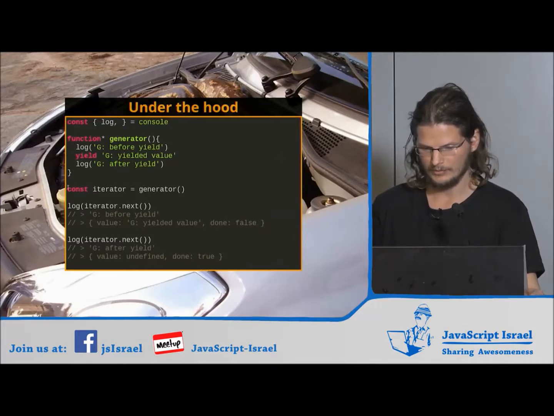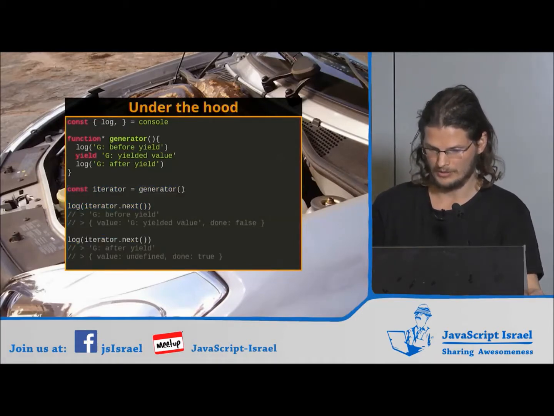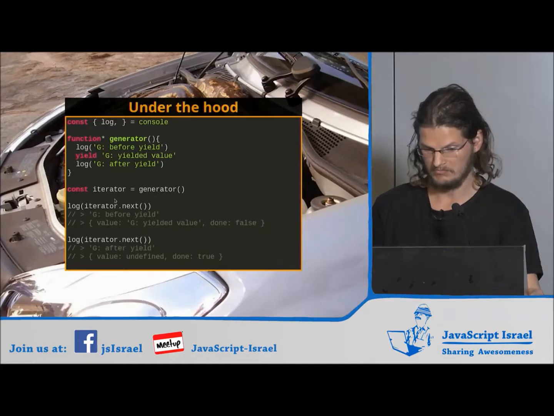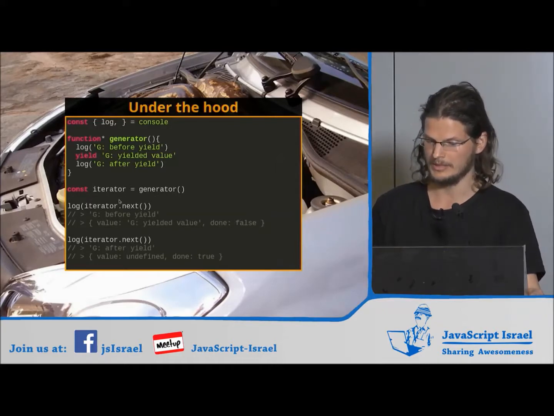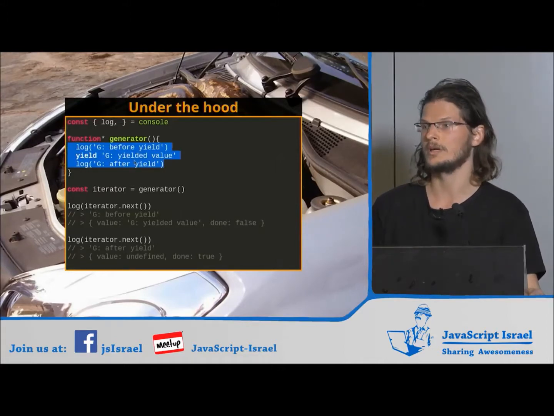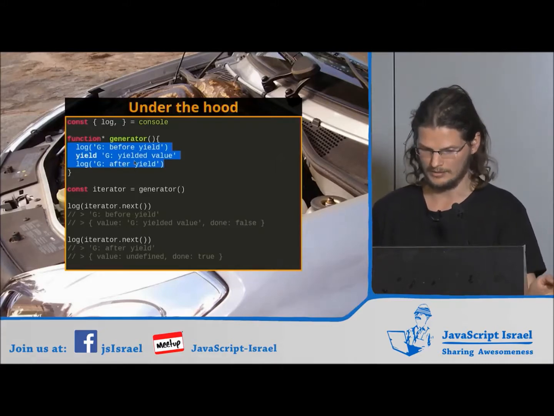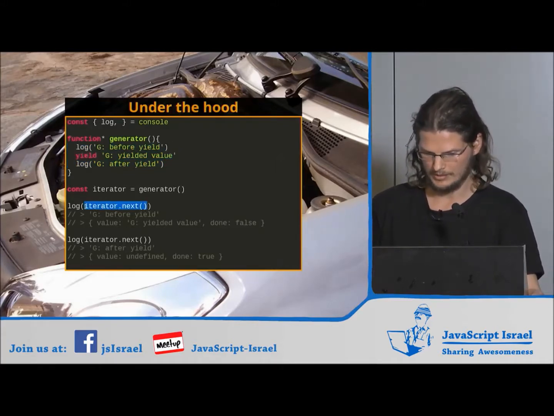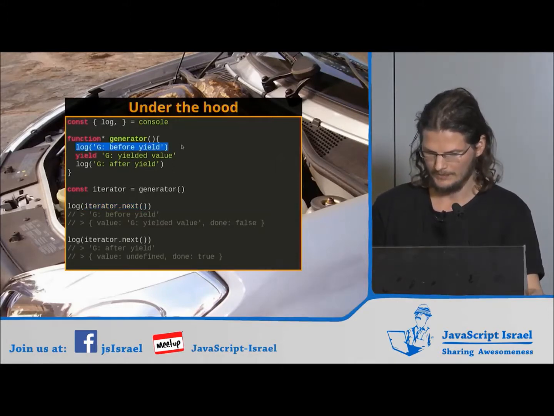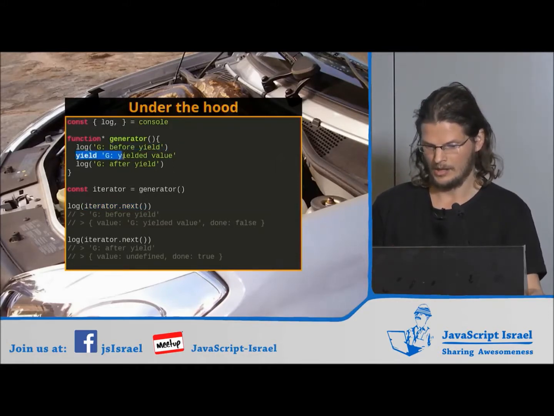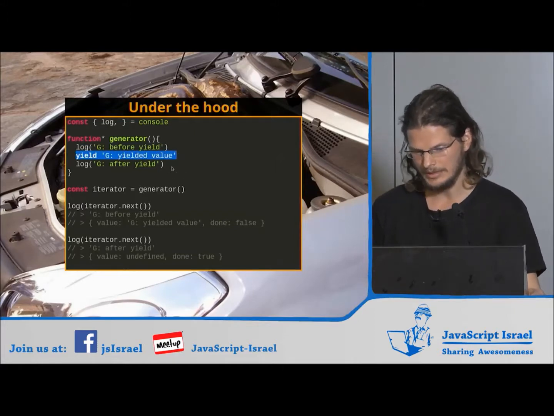So first of all, iterator equals generator invocation. Nothing is printed because nothing gets executed. This whole part hasn't been reached. We only got an iterator object which hasn't done anything yet. Then we call next, and this piece of code gets executed and our value gets yielded.